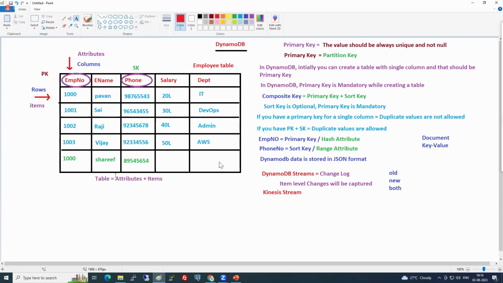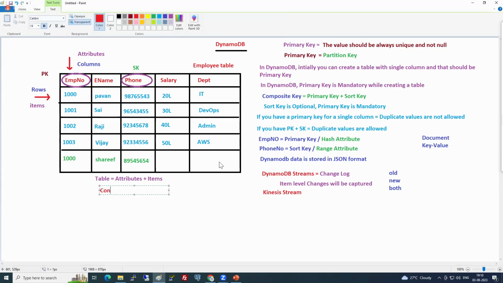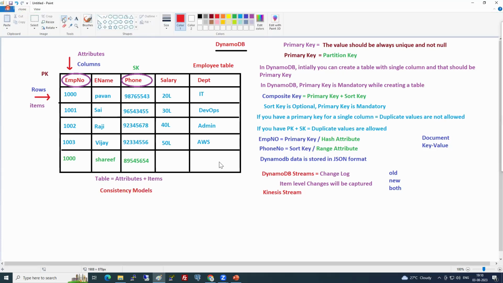So now here we also have something called consistency models. What is that? We have two types of consistency models. Mainly in databases, what do we do? We read and write, correct? We read and then we write.